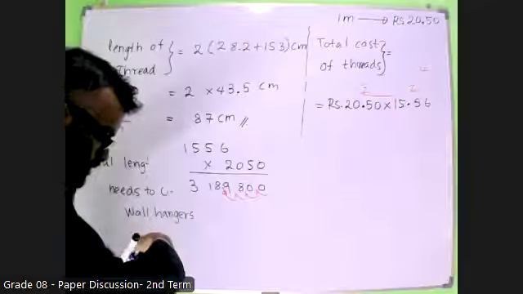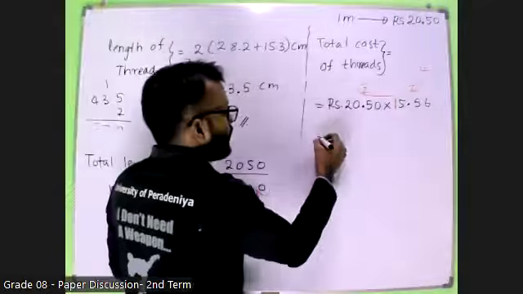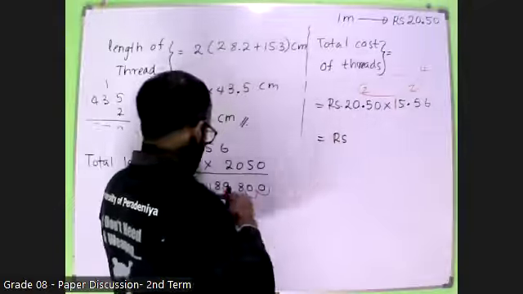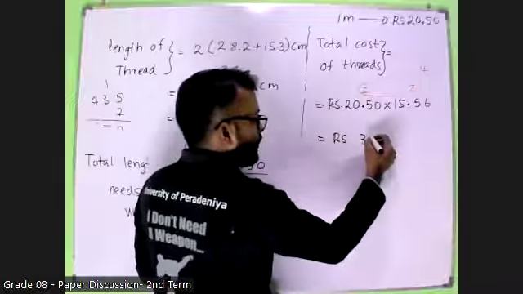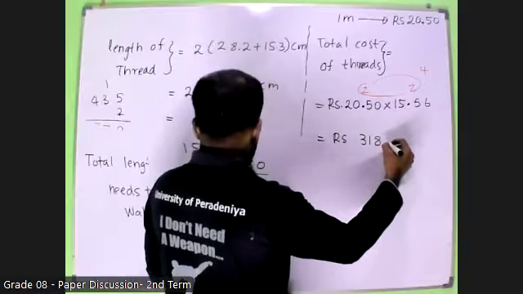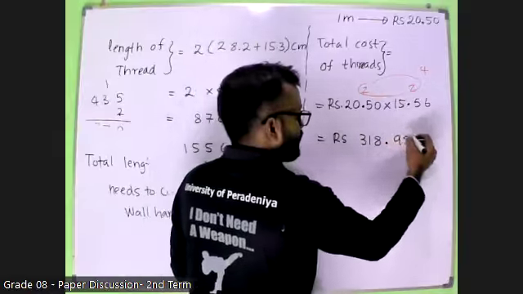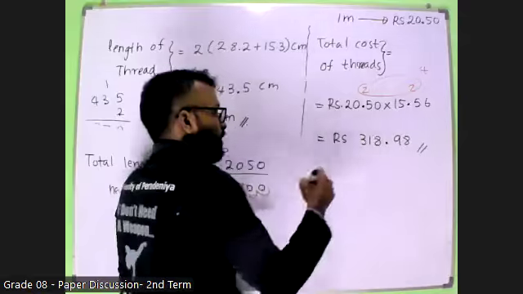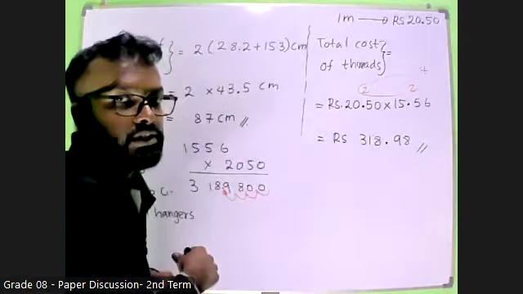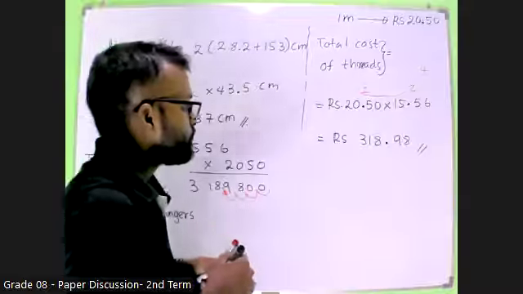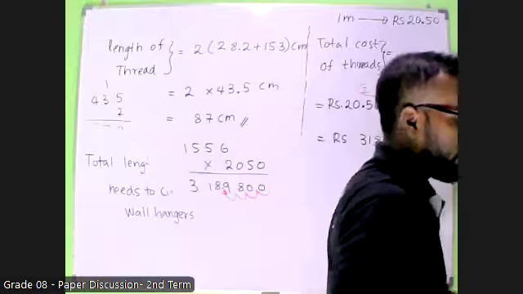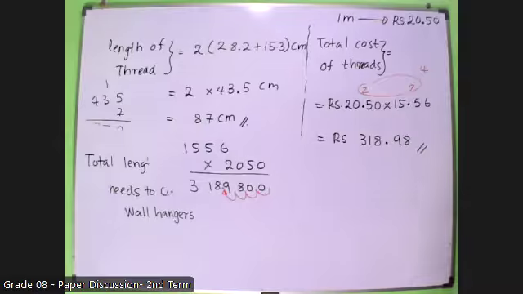So the final answer will be 318.98, that is 318 rupees and 98 cents. So this should be your final answer.